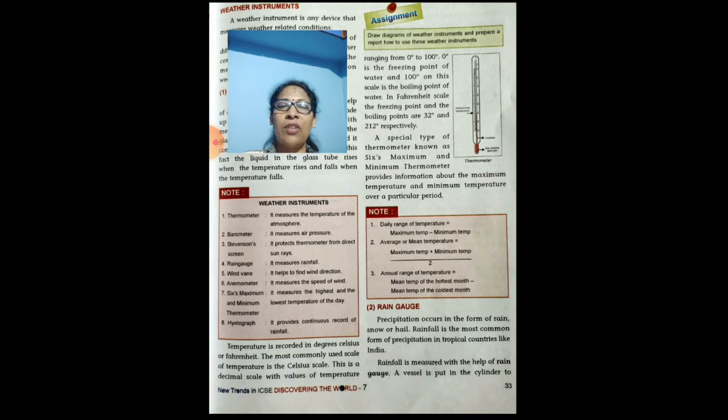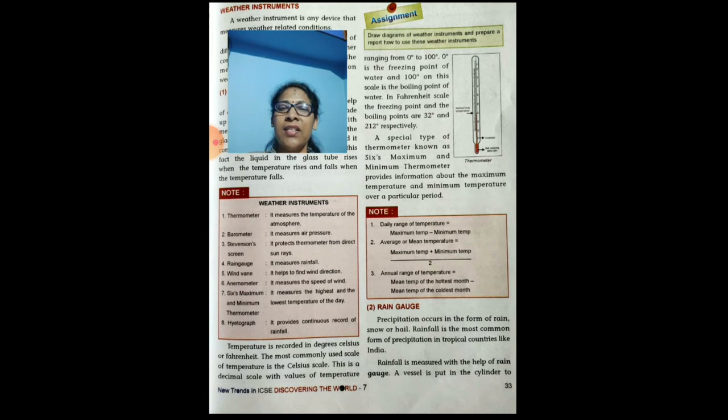To calculate the daily range of temperature, the calculation is maximum temperature minus minimum temperature. Second is the average or mean temperature. How do we calculate this? Maximum temperature plus minimum temperature divided by 2.